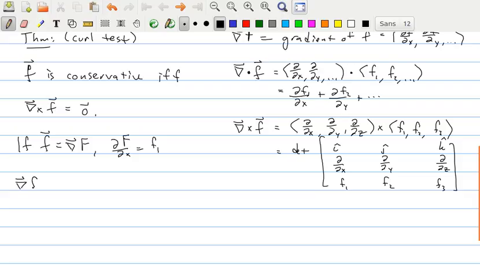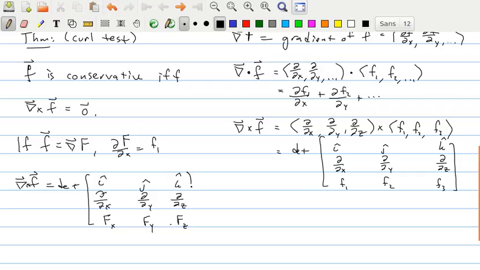If we take the curl of F, this gives us the determinant of this matrix right here: i, j, k, the partial with respect to x, partial with respect to y, partial with respect to z. And our bottom row are the entries of F. So they are F1, F2, and F3, but F1 is the partial of f with respect to x, and F2 is the partial of f with respect to y, and F3 is the partial of f with respect to z.